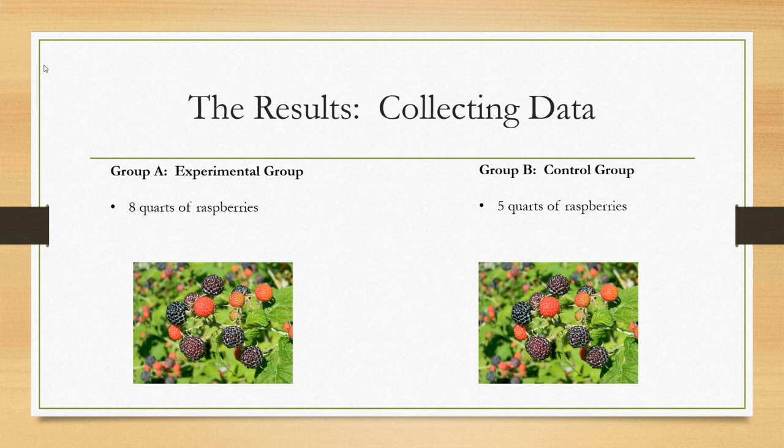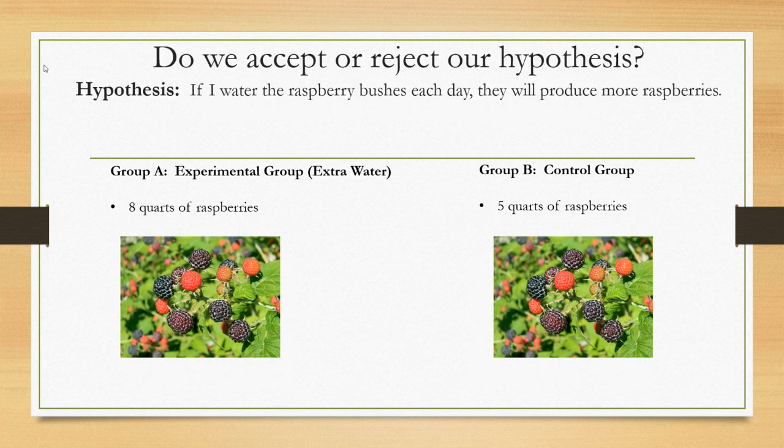So we use those results to analyze our hypothesis, and we're going to say whether we accept our hypothesis or reject our hypothesis. In this case, here's our hypothesis. If I water the raspberry bushes each day, they will produce more raspberries.